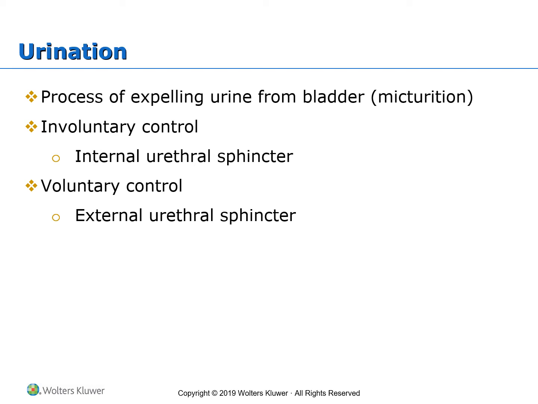Motor impulses from this center will stimulate contractions of the bladder wall and relaxation of the urethral sphincter. And as a result of that, will force urine outward. And this is the simple mechanism, the involuntary one. And this happens in infants most of the time. And it's considered a reflex.